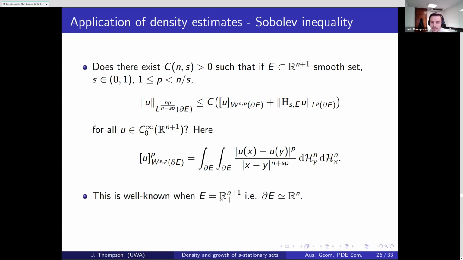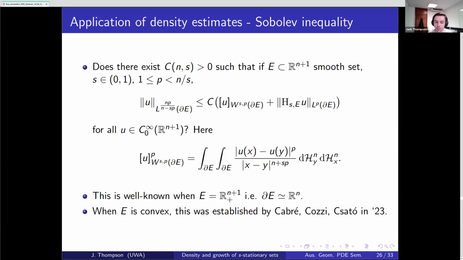When E is a half space, so the boundary is the plane, it's known, and this follows from classical rearrangement type inequalities. Okay. Now, as well, when E is assumed to be convex, this was also proven by Cabré, Cozzi, and Sato in 2023. So this was my starting point.